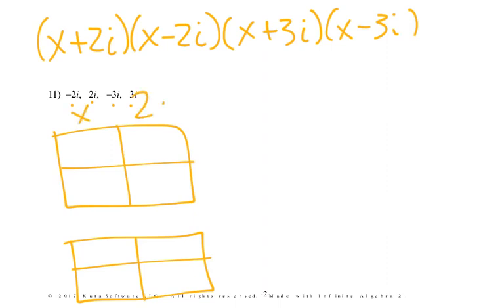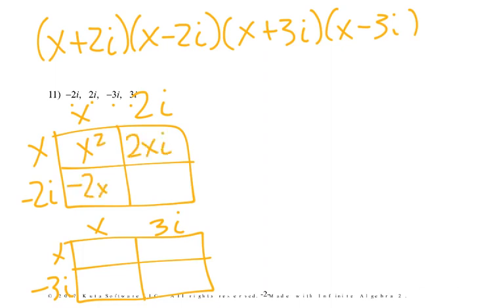So x and 2i, x and negative 2i, x and 3i, x and negative 3i. So x squared, 2xi, negative 2xi, and then negative 4i squared. Those cancel. So I get x squared minus 4i squared.